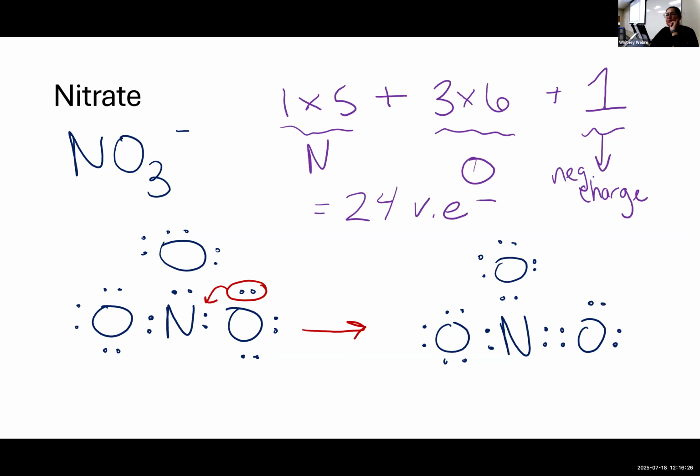But one more thing, if you have a negative charge or any charge, you have to put brackets around the entire thing, the entire Lewis dot structure, and put the charge in the top right corner.